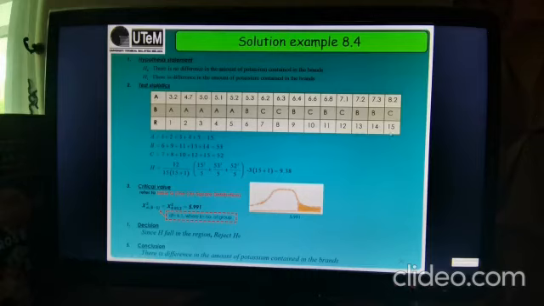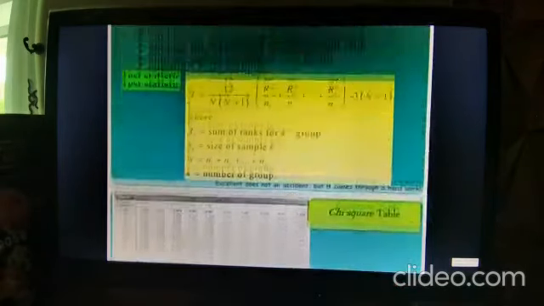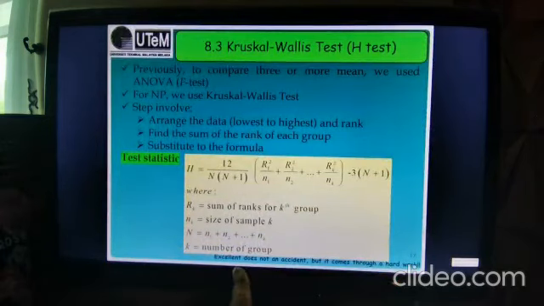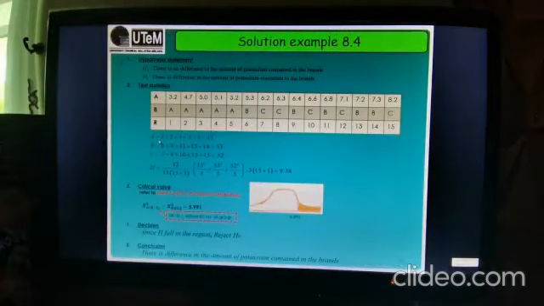Alright, then by using the formula, you have to sum the rank for each group. For group A, the rank is 1 plus 2 plus 3 plus 4 plus 5, which is 15.